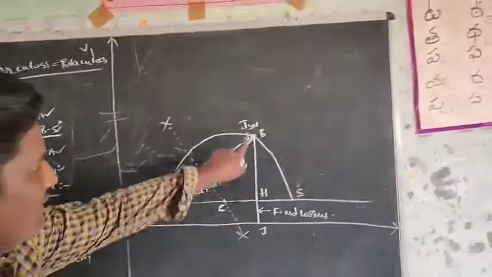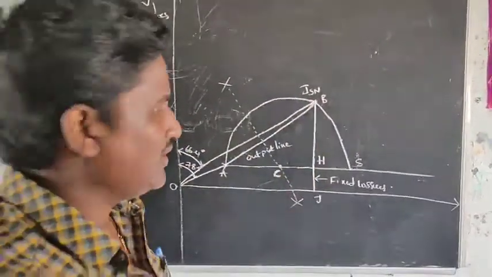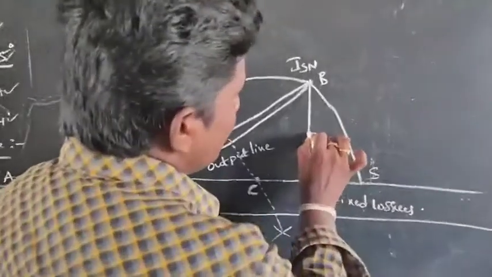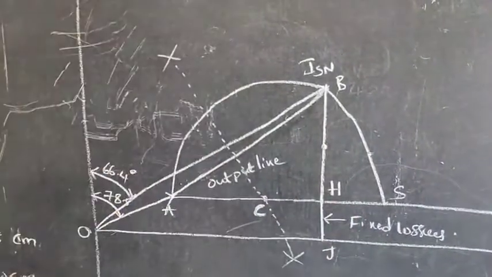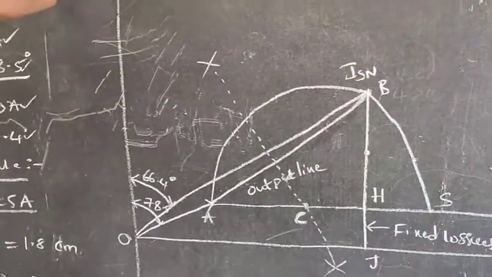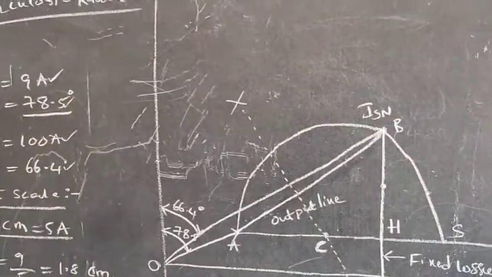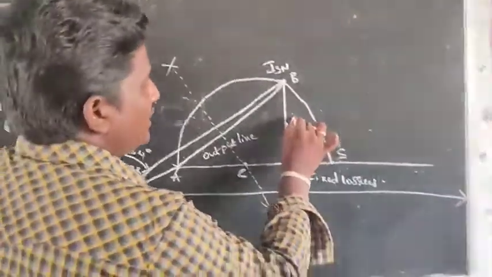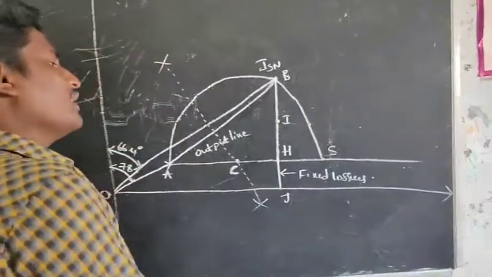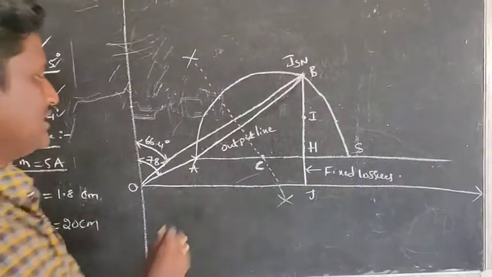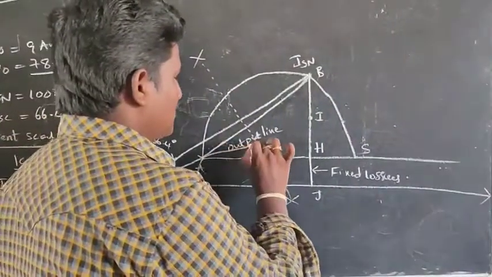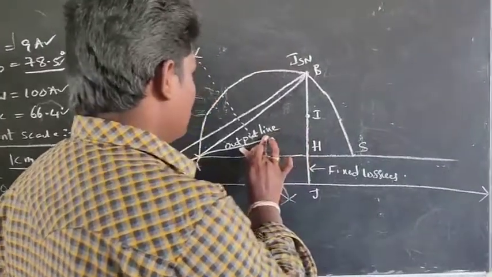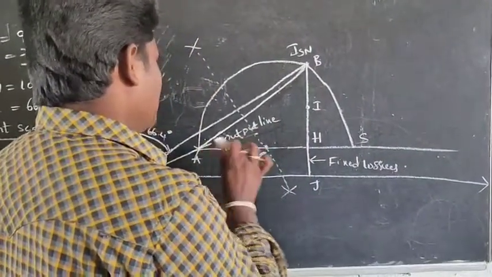That means dividing the section BH equally, putting point I, so that BI equals HI. So draw the line neatly.